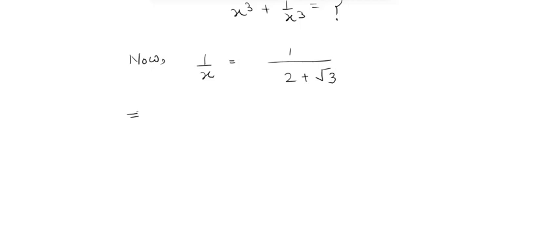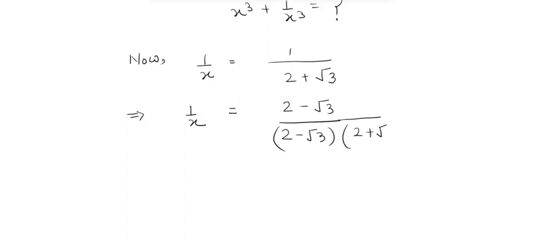So now 1 by x is equal to, here rationalize denominator. So 2 minus square root 3 multiply, conjugate of 2 plus square root 3. So 2 minus square root 3 and 2 plus square root 3.